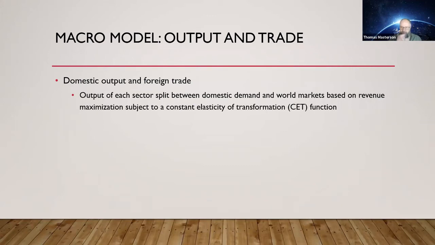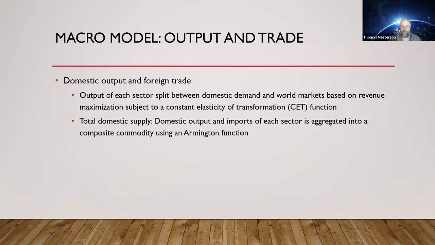This is a standard assumption in CGE models, and it's basically a model that allows the capitalist sector to maximize revenue. The total domestic supply is divided up into domestic output and imports of each sector, and that's a composite aggregated into a composite commodity using what's called an Armington function, which takes into account the location of production.